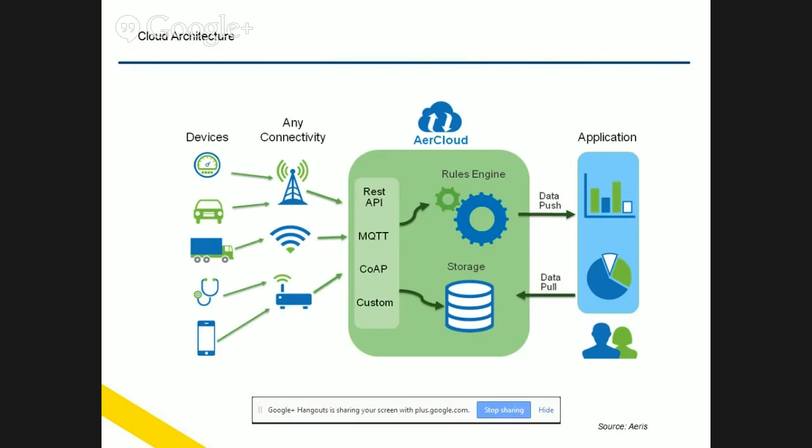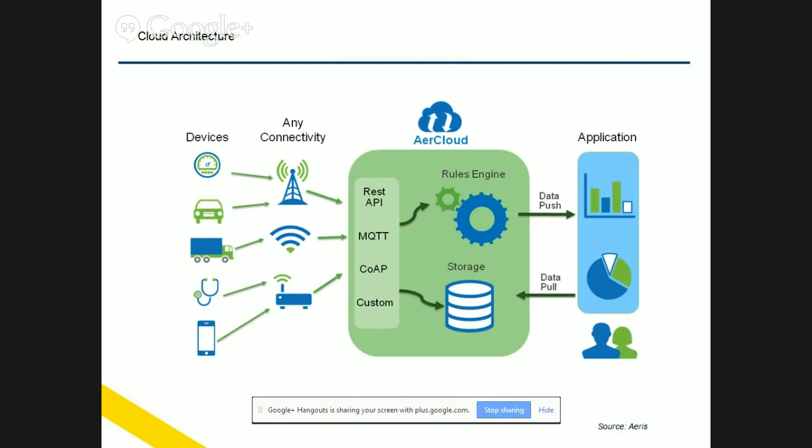It could be Wi-Fi, it could be a 3G network or whatever, and then we push the data to the cloud. So cloud here has support for REST API.